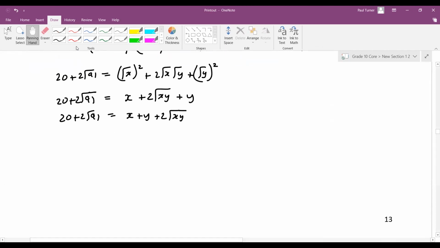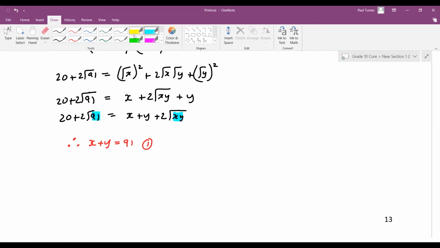Now I can see how these are related. So you've got 2 root xy and 2 root 91. So you can say, therefore, xy equals 91. That's your first equation. You see how I relate them? So this one to this.